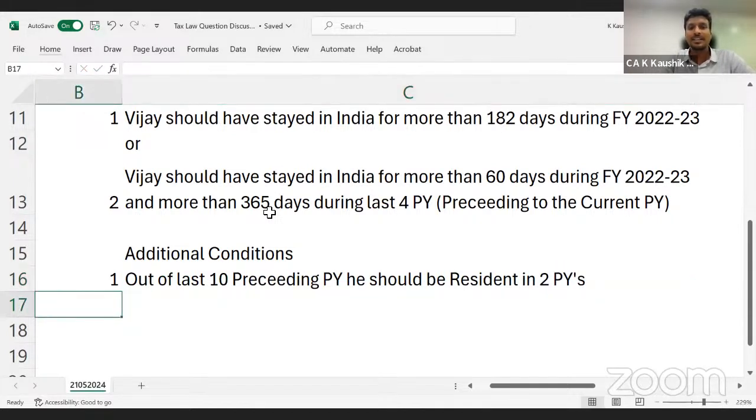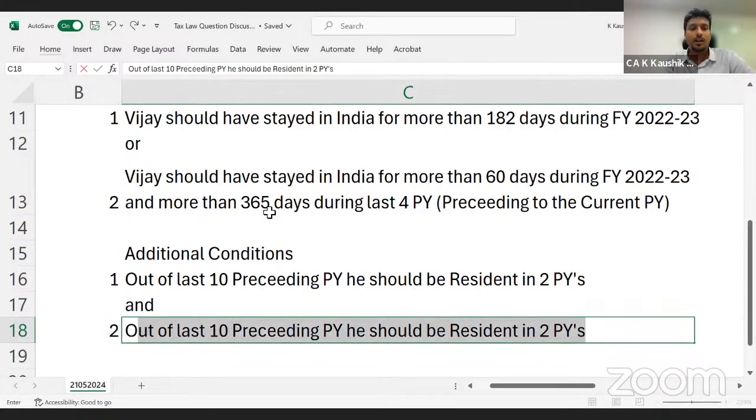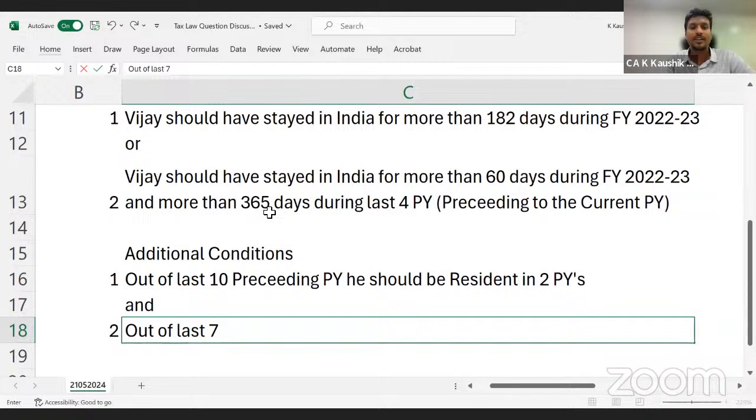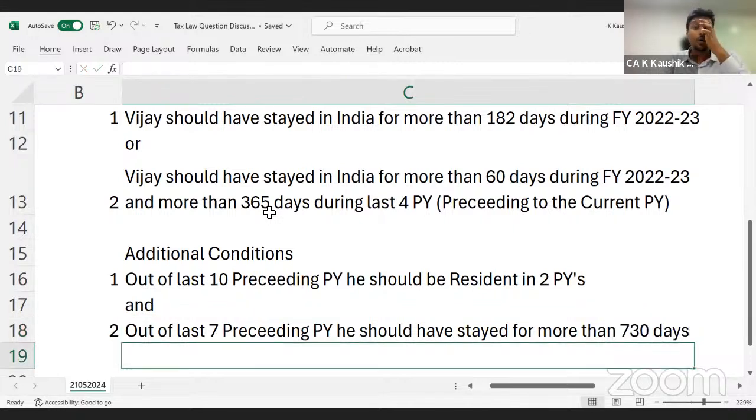Here the condition is a dual condition; he should satisfy both. Out of the last 7 preceding previous years, he should have stayed for more than 730 days. Now, how do we check this?